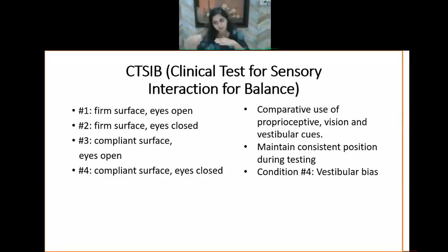Because of vestibular hypofunction, they are at very high fall risk, because even proprioception is not giving input, even vision is not giving input, even vestibular is not giving input. If we stimulate their vestibular system, we can improve their balance. So one more scope of vestibular rehab is in the geriatric population, to reduce fall risk.